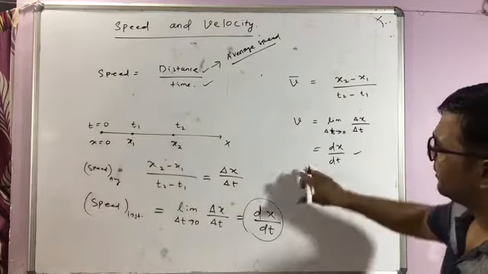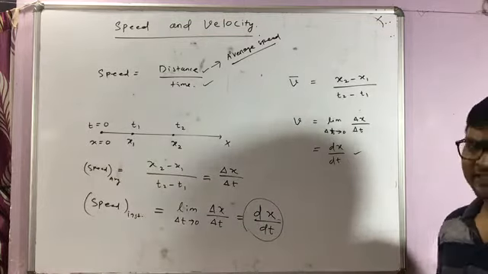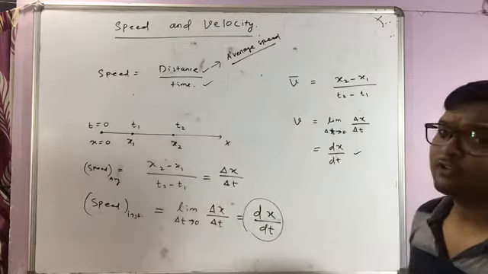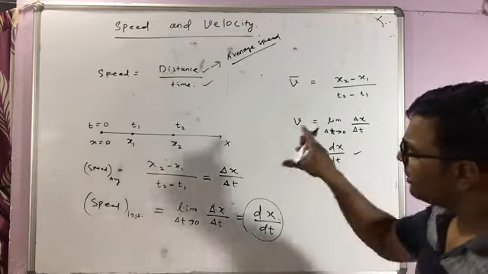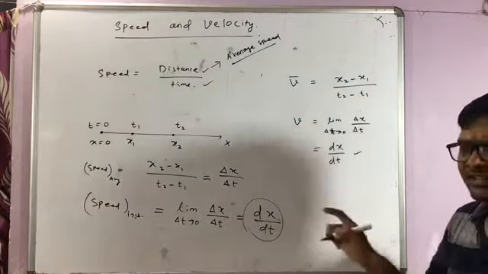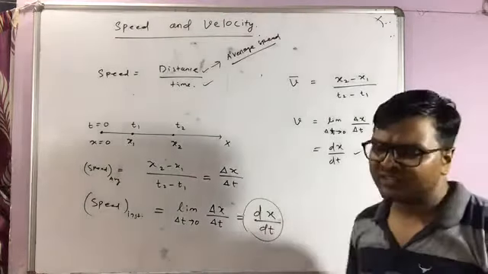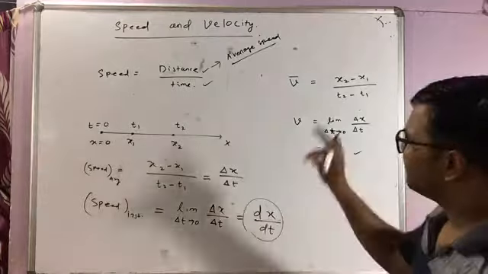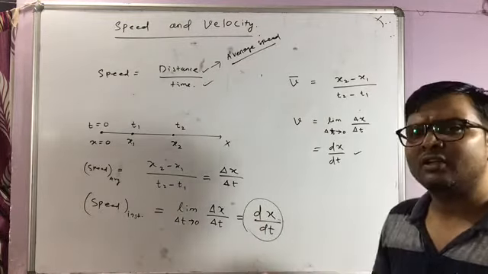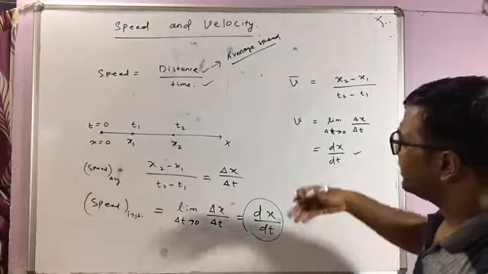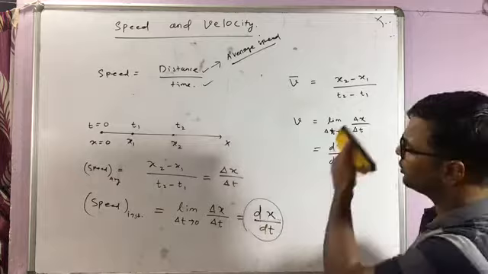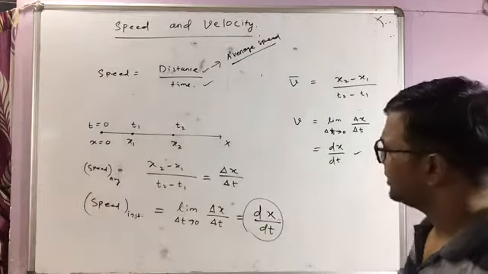In the example I have taken, you might have seen the speed is more whereas the velocity is less. For a particular object's motion between two points along a particular path, speed and velocity are different. They may be the same in some examples, but most of the time, remember, the value of the speed is more than that of your velocity.